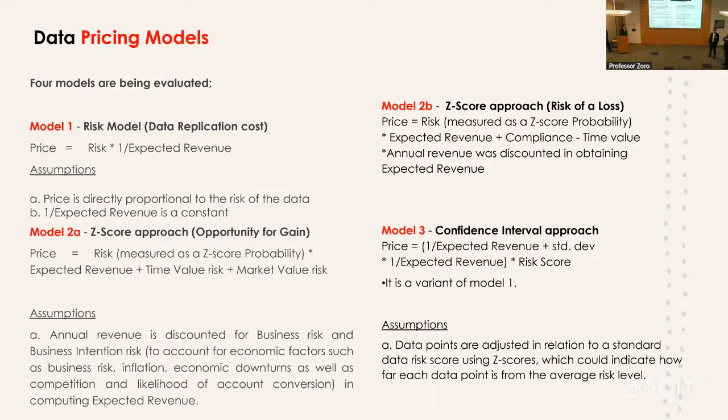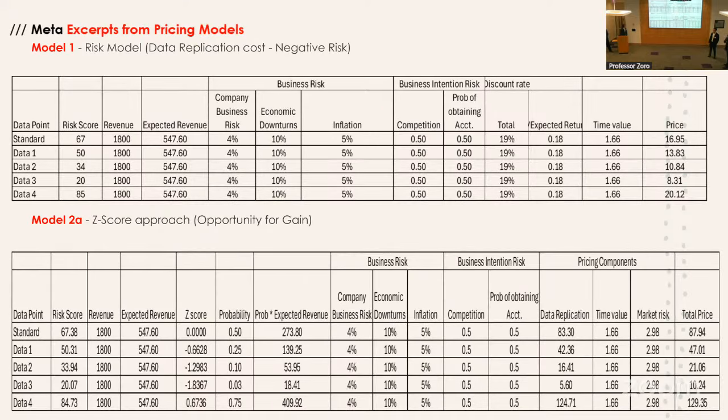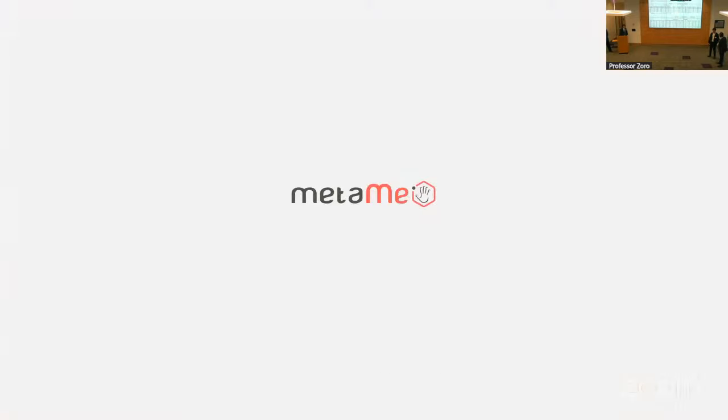From the previous work, they were able to determine some prices using the normal distribution, and this is what they have. We'll be studying extensively how to get a fair price using statistical models to price this data. And this brings me to the end of our presentation.